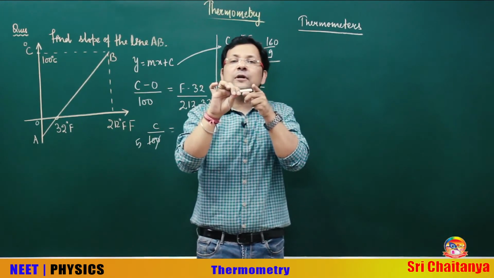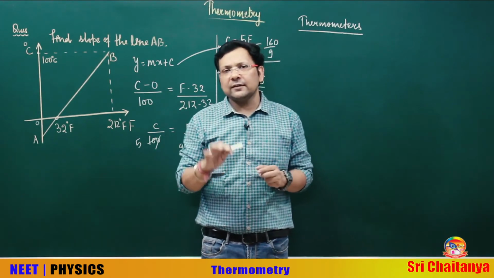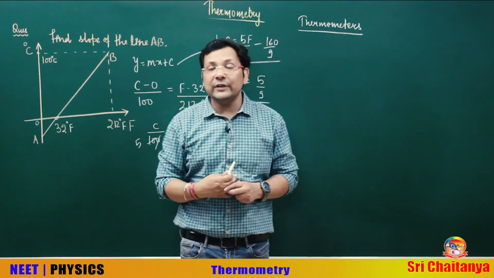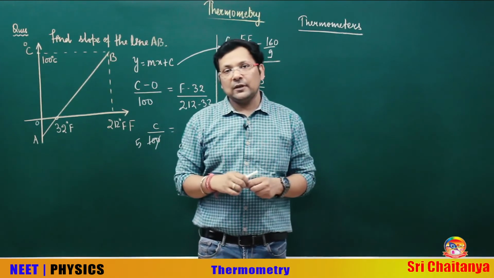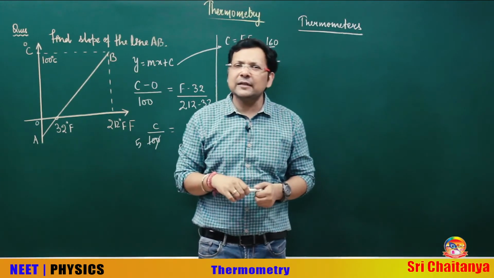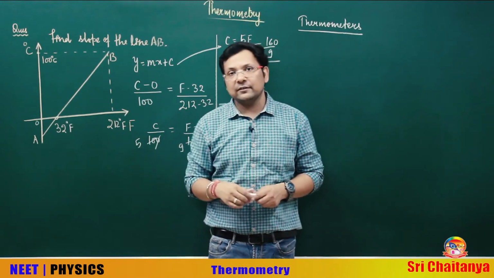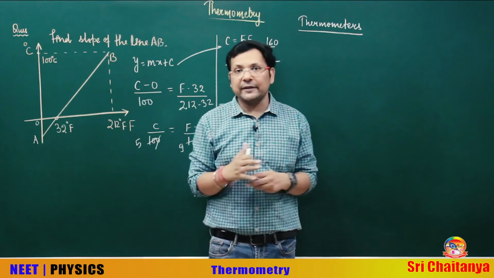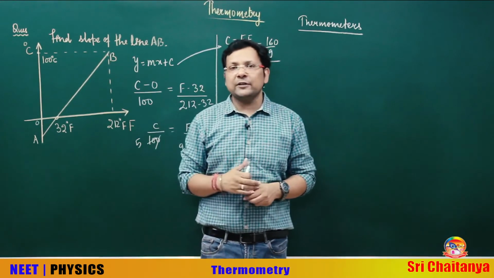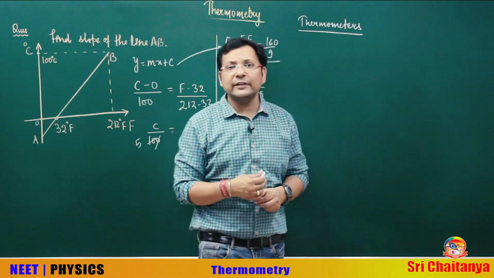The length of the mercury. After observing length, we say temperature. By observing length, we are saying something about temperature. So basically temperature and length are calibrated. That calibration property is used in the thermometer.